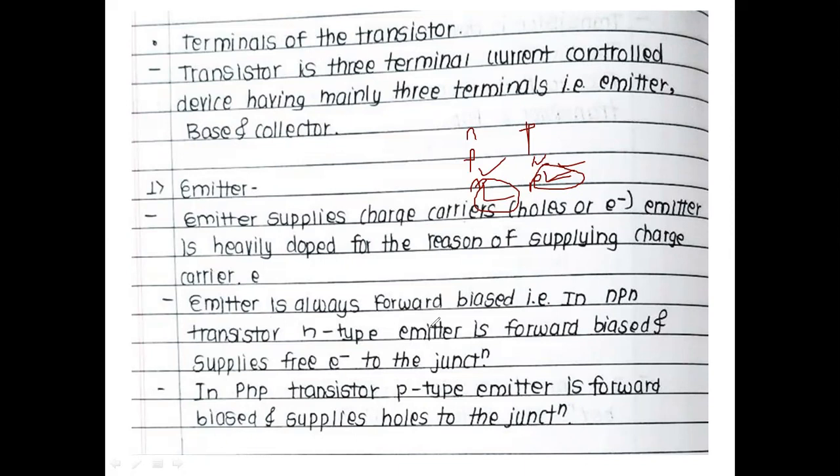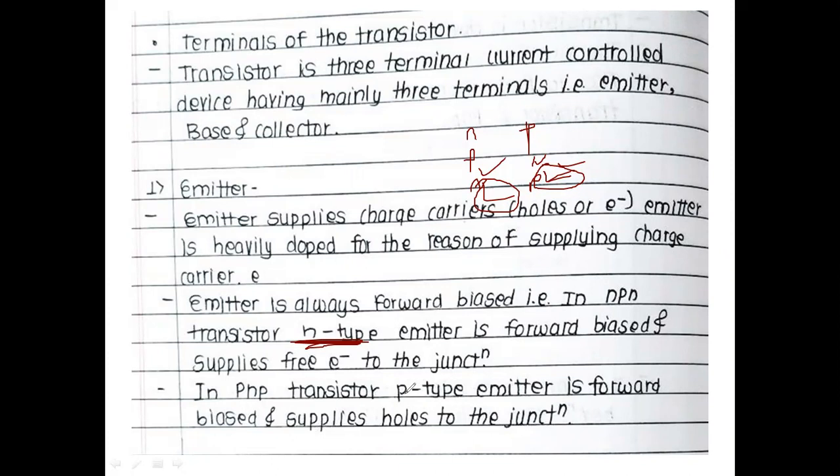Emitter is always forward biased. In an NPN transistor, the N-type emitter is forward biased. N-type emitter, forward bias means which supply do we have to give? Negative supply, and it supplies free electrons to the junction. In a PNP transistor, the P-type emitter is forward biased.